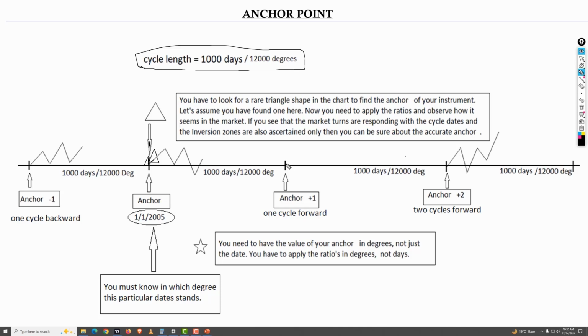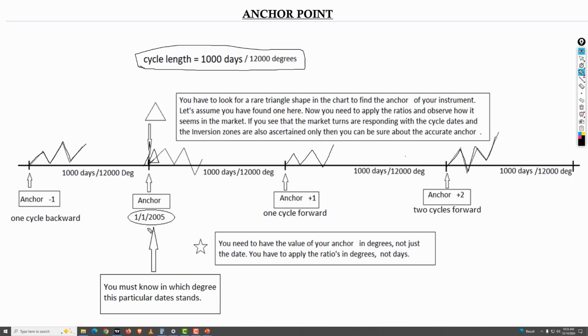And you can apply the ratios from this anchor also, and you can go two cycles forward and apply the ratios from here and see how it actually works in the market or in the chart. Or you can also go one cycle backward and apply the ratios and see how the market actually responds with your anchor, okay?